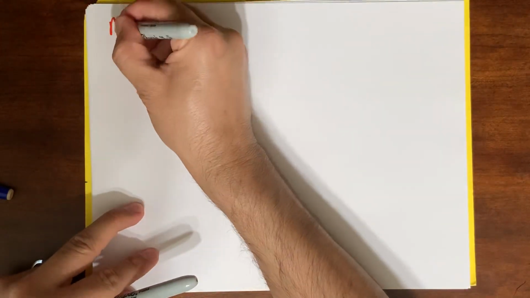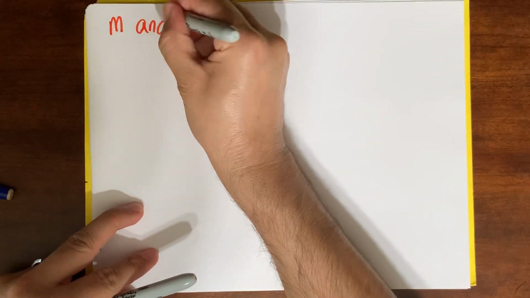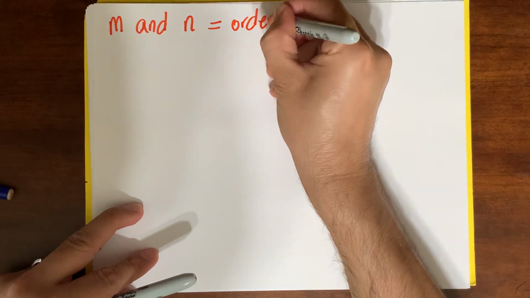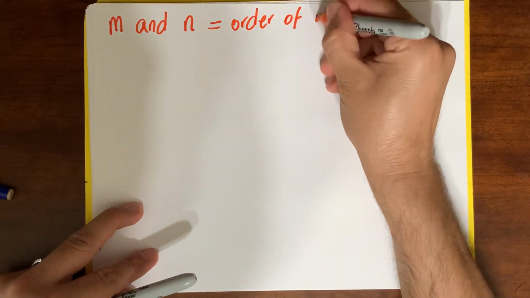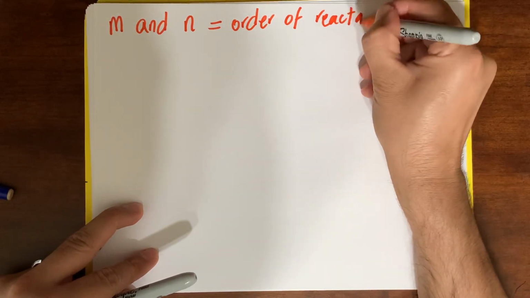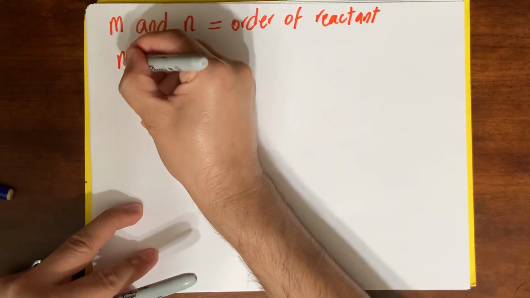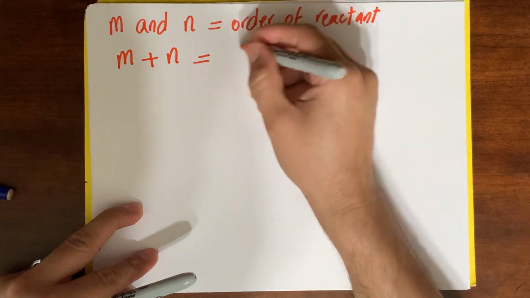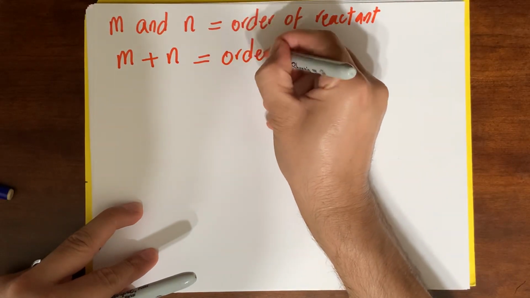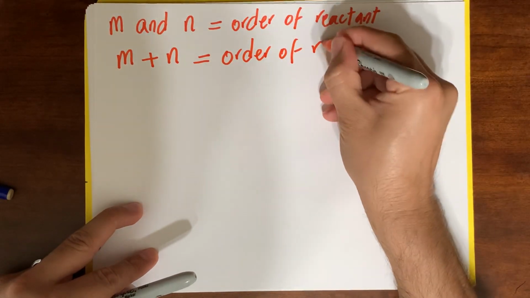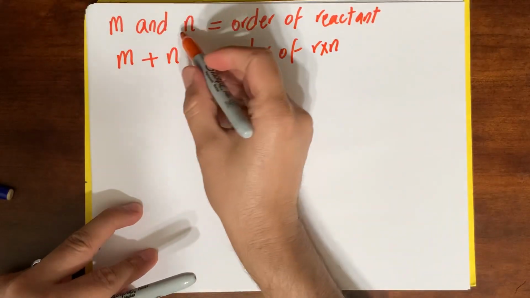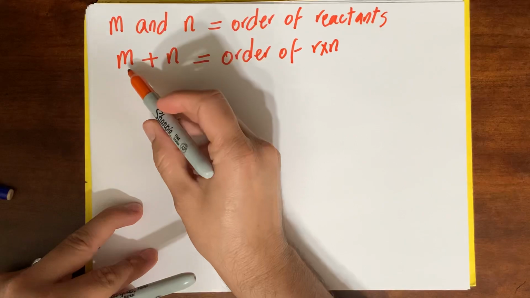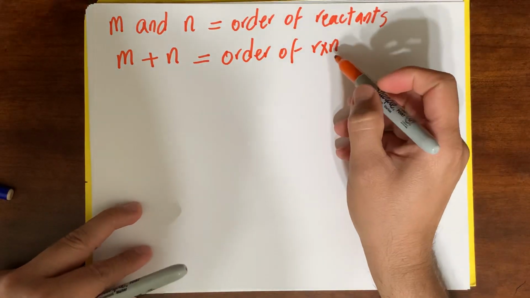So m and n, we call them the order of reactant. M plus n, we call it the order of the reaction.